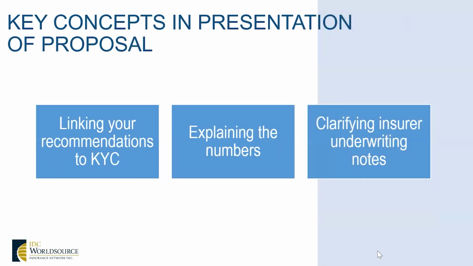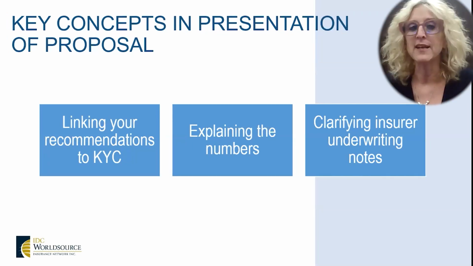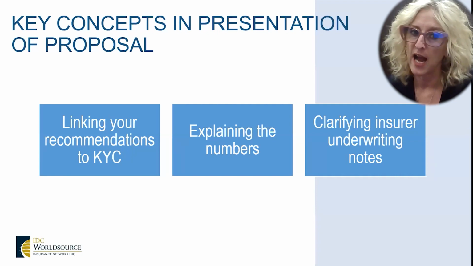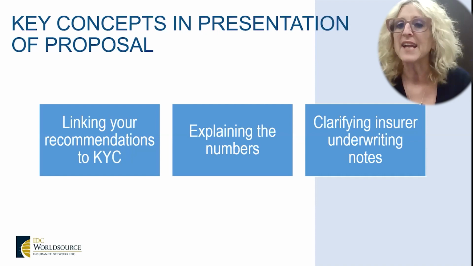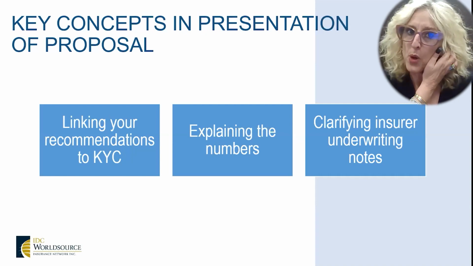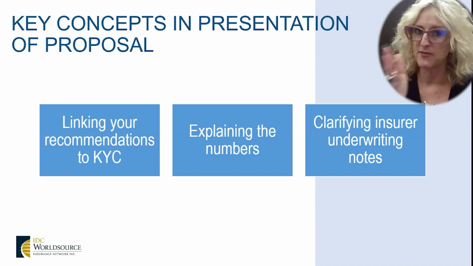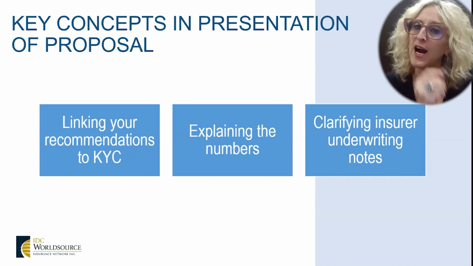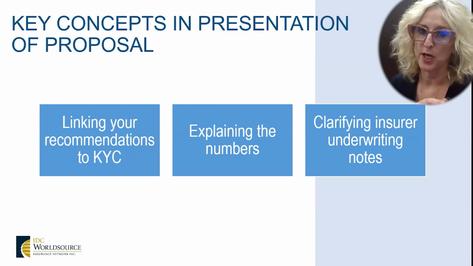So key concepts that we want you to be aware of. Again, we did the recap, but linking your recommendations to the KYC, explaining the numbers, and clarifying insurer underwriting notes. So when you get a proposal from us, you might be able to navigate your way through, but we highlight very important pieces of information in that marketing proposal.